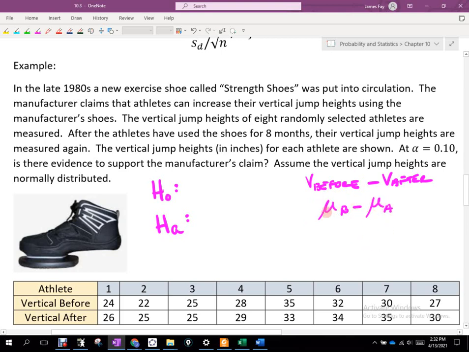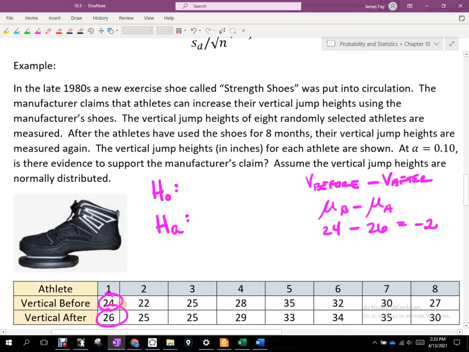Now think about this. If I have a value of before, which is 24, minus a value of after, which is 26, what kind of number is that going to be? It's negative 2 in this case, right? It's negative. For that one person, would that show that there was an increase in their vertical after using this? Does that make sense?